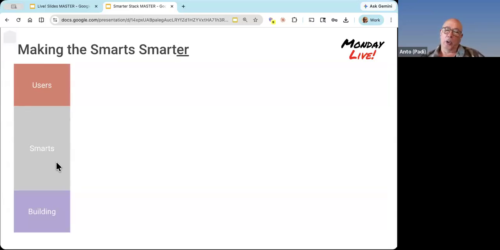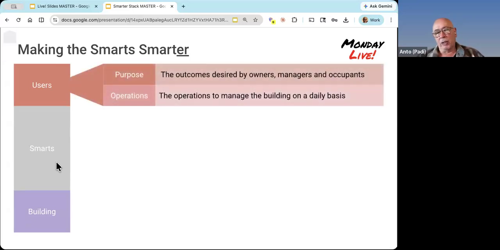Then we said that users isn't really just a big group of the same type of people. We can split the humans into 2 major groups. First, people who are interested in the purpose of the building, and that could include owners, operators, managers, as well as occupants. These are consumers of the buildings. They have nothing to do with how the building works, other than just consuming the building.